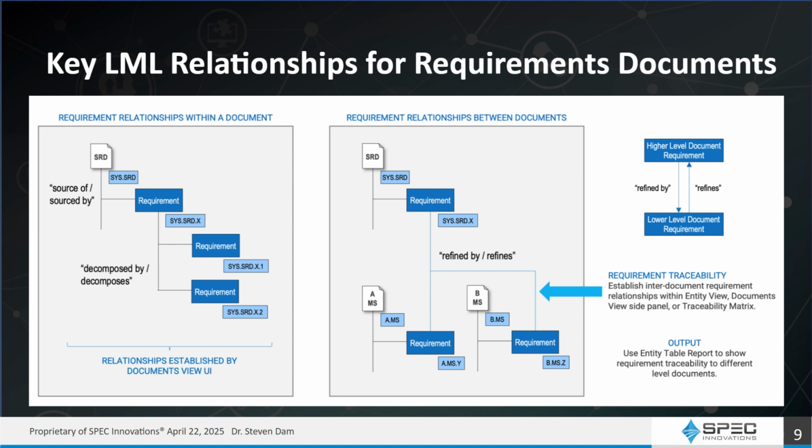Another thing to be careful about is not duplicating requirements. I was on one program, a very large program, back in the 2000s to 2010-ish timeframe, and they were developing the requirements, and they had a requirement that would go to certain vehicles but not to others. Instead of just saying, I'm going to allocate that requirement to that vehicle, they made a duplicate requirement, essentially, except putting the name of the vehicle in there.